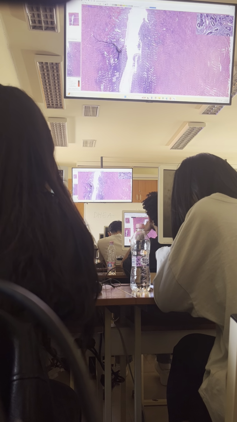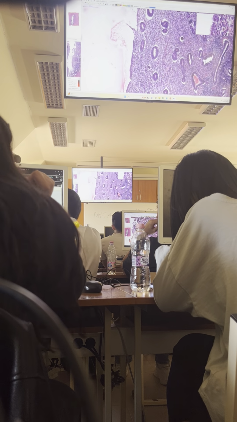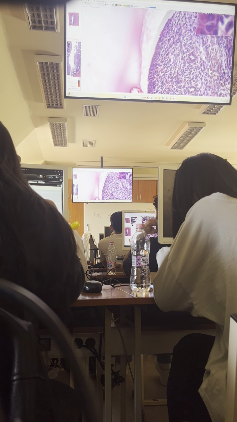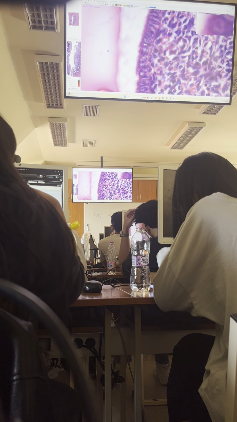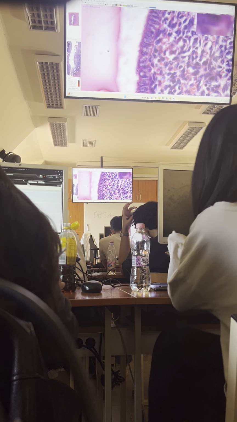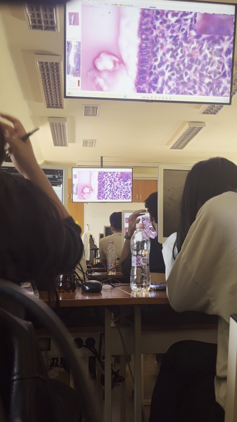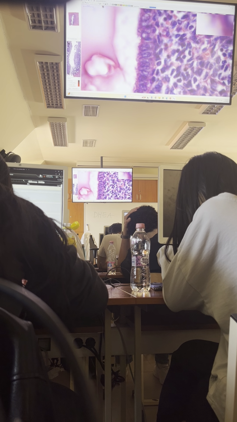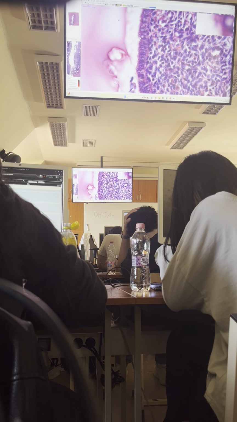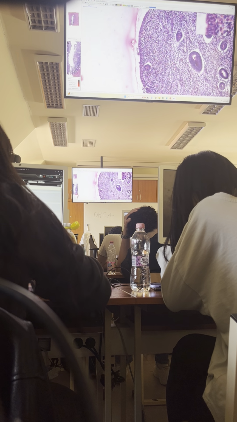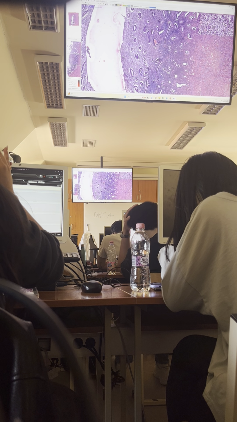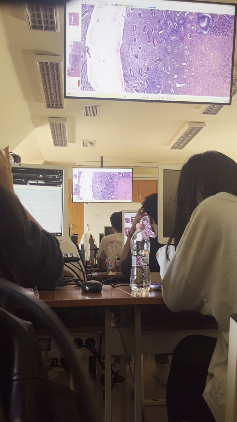Now, if I enlarge the endometrium and look at the lining epithelium, this is better here. So you can see simple columnar epithelium. And some cells are ciliated, not all of them, some are ciliated. Below, we have the rest of the endometrium.